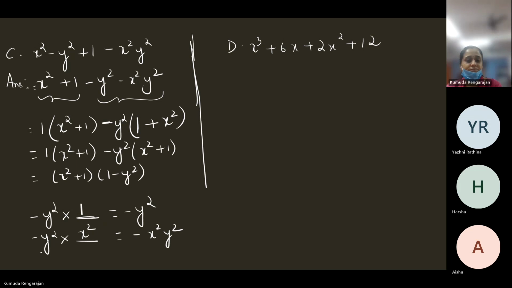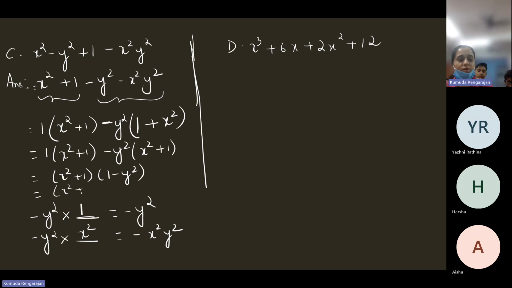All right. This should be further factorized. Now 1 minus y square is in the form a square minus b square, which can be written as a plus b into a minus b. Remember that? a square minus b square is a plus b into a minus b.